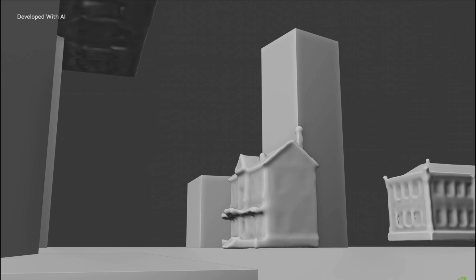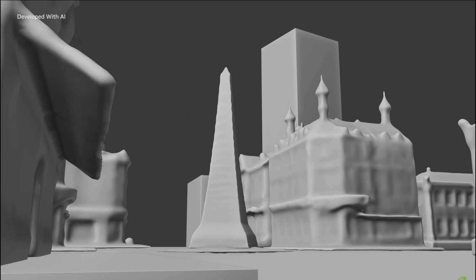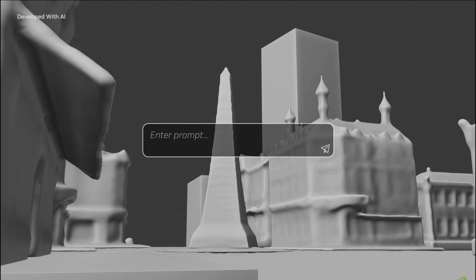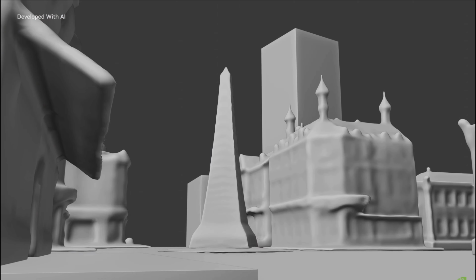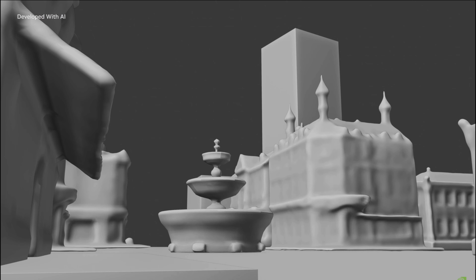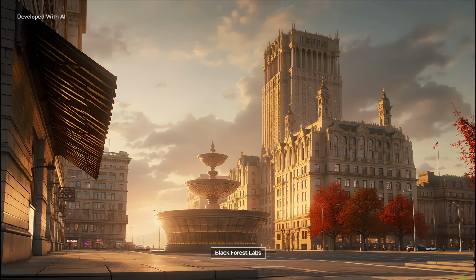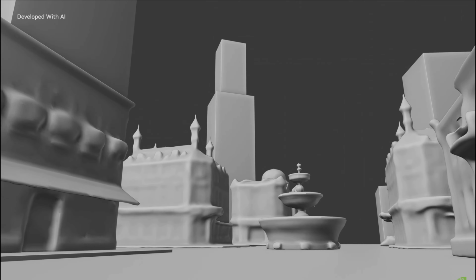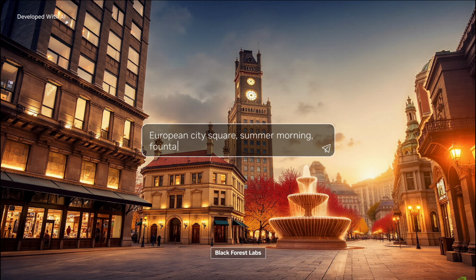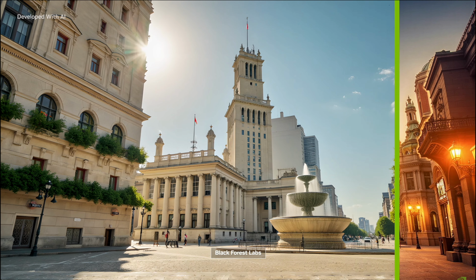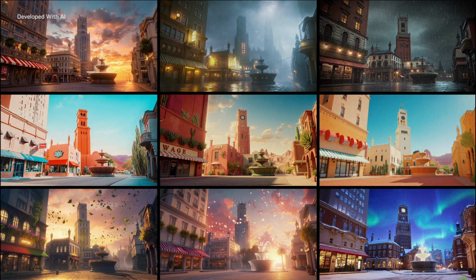They start by laying out 3D assets, created by hand or generated with AI. Then use an image generation NIM, such as Flux, to create a visual that adheres to the 3D scene. Add or move objects to refine the composition. Change camera angles to frame the perfect shot. Or reimagine the whole scene with a new prompt. Assisted by Generative AI and Nvidia NIM, an artist can quickly realize their vision.